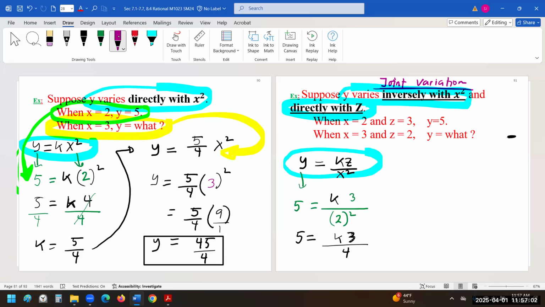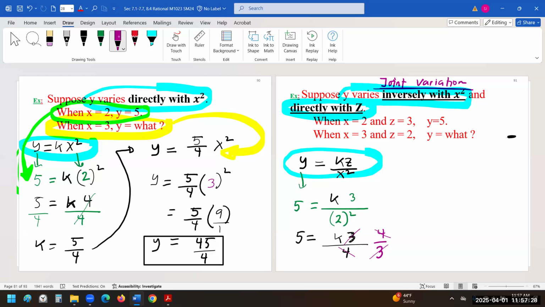What is the opposite of multiplication? Division. So I need to divide by 3 so they cancel out. And you're only dividing by 4. So in order to cancel this 4, are you going to multiply or divide by 4? Multiply. So 4 cancels out.